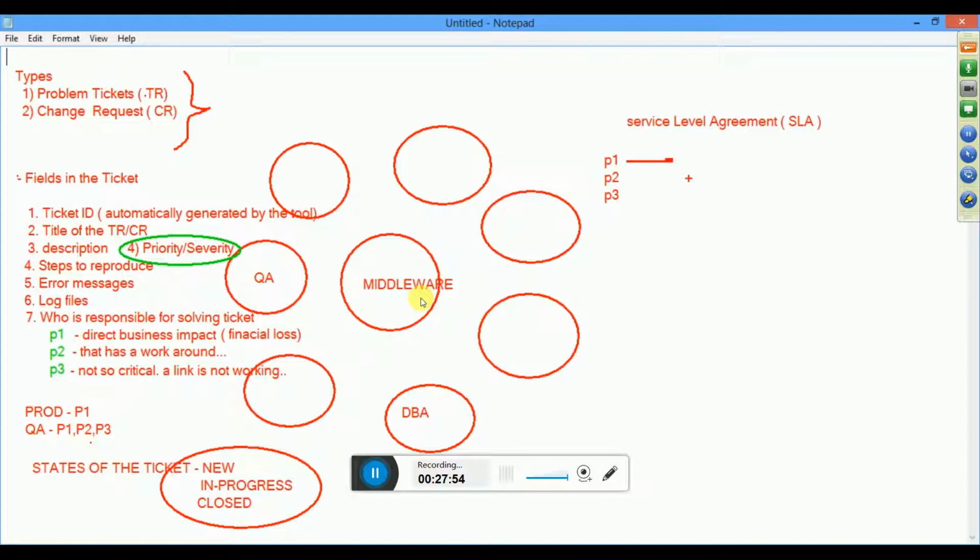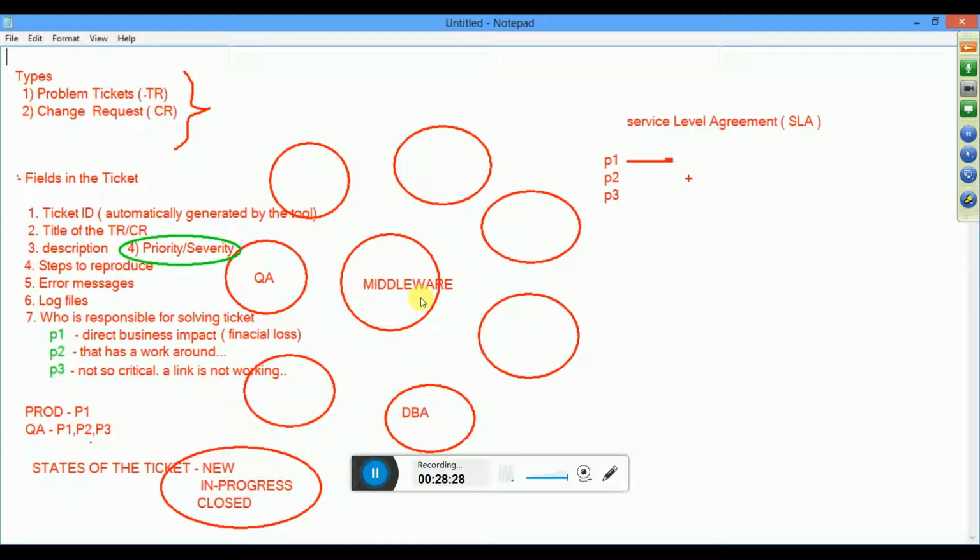The moment somebody raises a ticket, we have to actually solve it, which means we have to start working on it. When you start working on it, it doesn't mean it gets solved immediately. It may take an hour or 2 hours to solve it. But the person who raised the ticket should know that this is being handled by somebody, that somebody is actually working on it. Which means when a ticket is raised, the first thing we do is respond back.